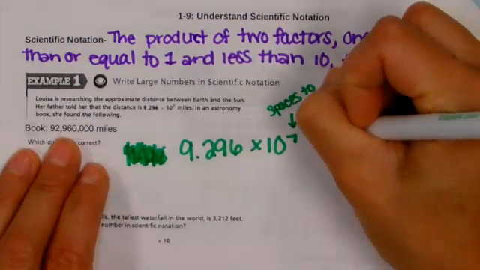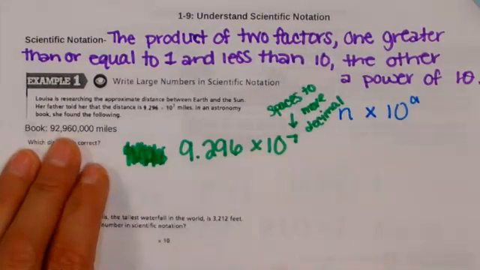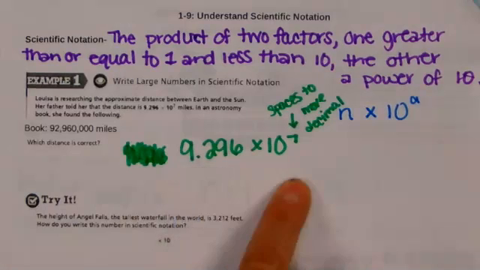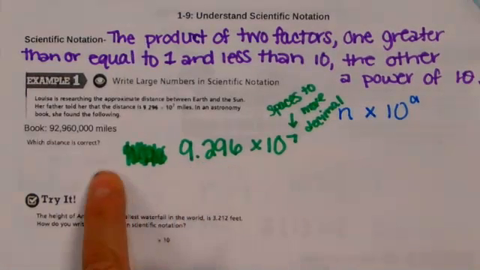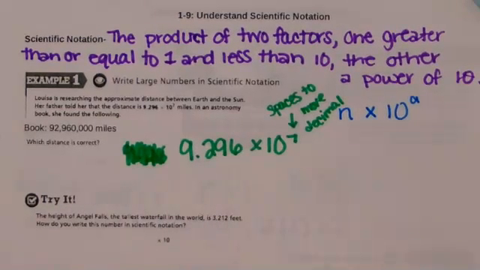All right. And since it is a positive 7, we know that this is going to end up being a big number when we're done. So that tells us that I'm going to have to move the decimal to my right. If I move it to the left, I'm going to make a smaller number, but moving it to the right will make a larger number.